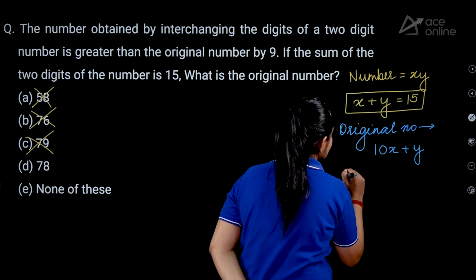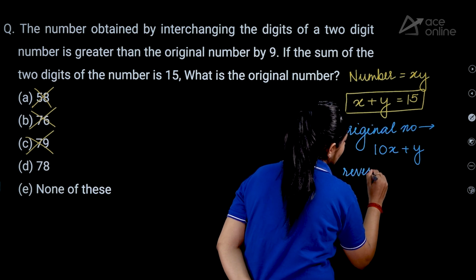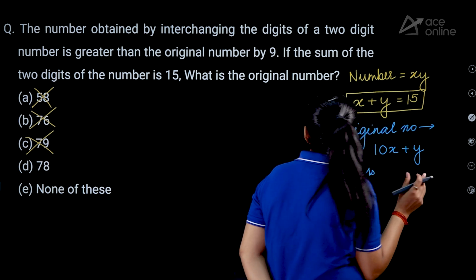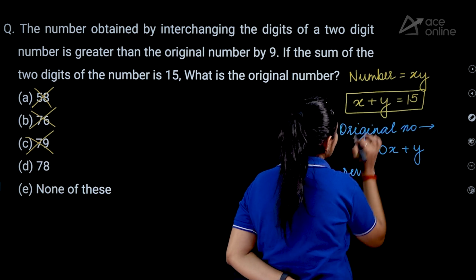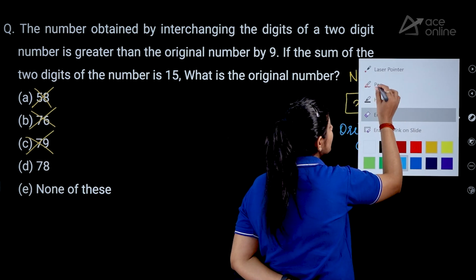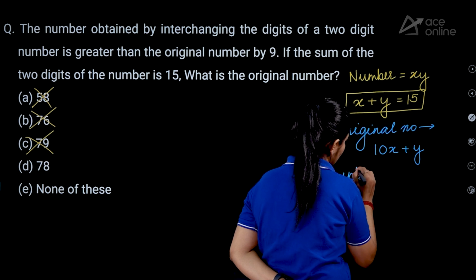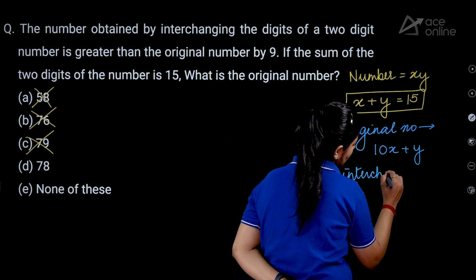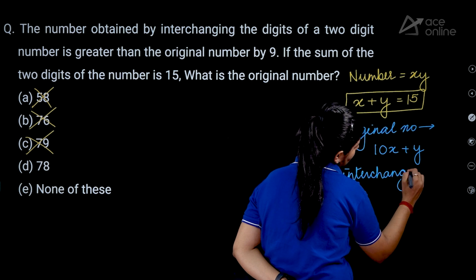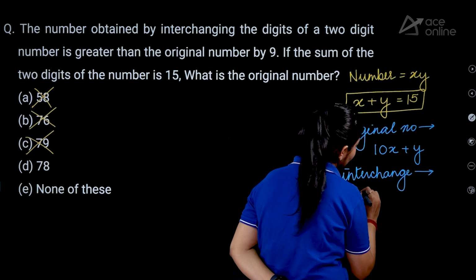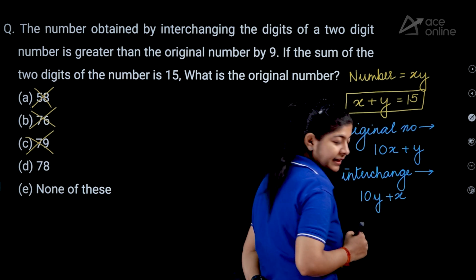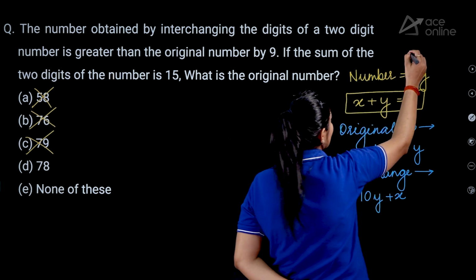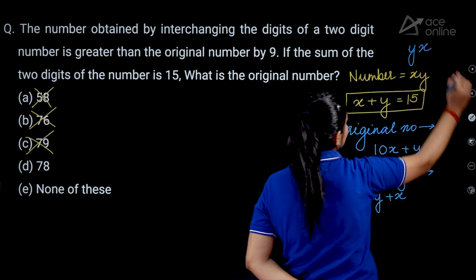When I interchange the position, it becomes 10y plus x, right? And my number looks like yx, right?